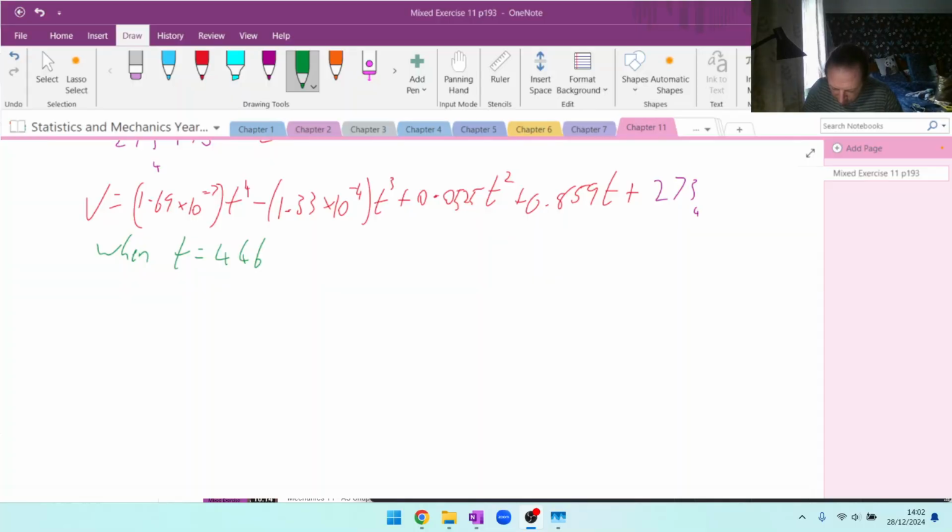So just adjusting the calculator from the last one, 446. Should have really put it in with x's and stored the value, but, and this one was, is it 169?